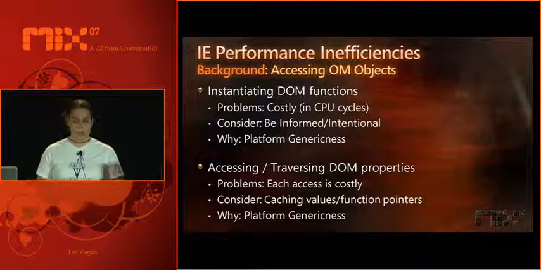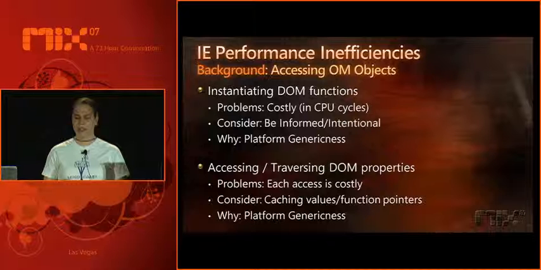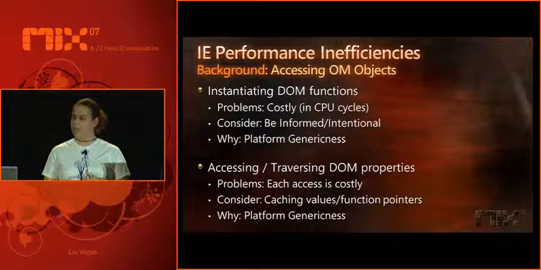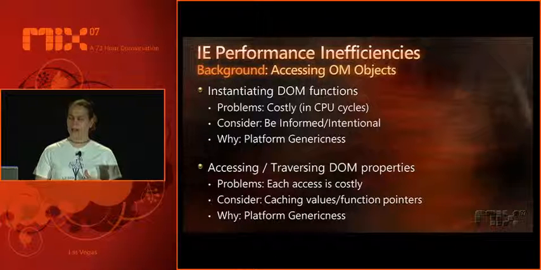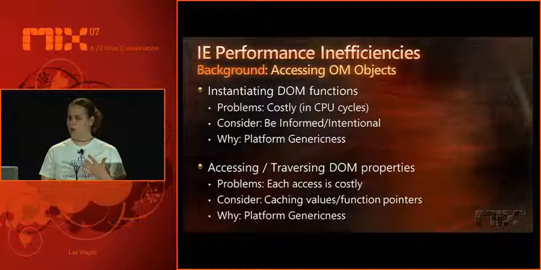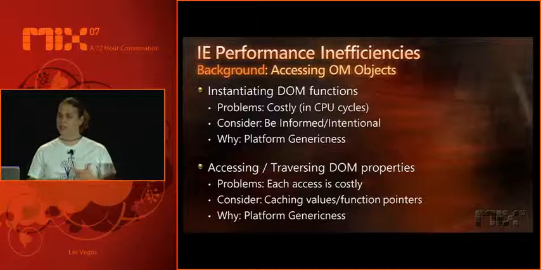Accessing, as I talked about earlier, accessing DOM objects can be pretty expensive in CPU costs. The IE platform is super generic. What happens is we have this COM interface called IActiveScript. There are a whole collection of APIs that allow you to hook up additional languages to IE, other script engines.